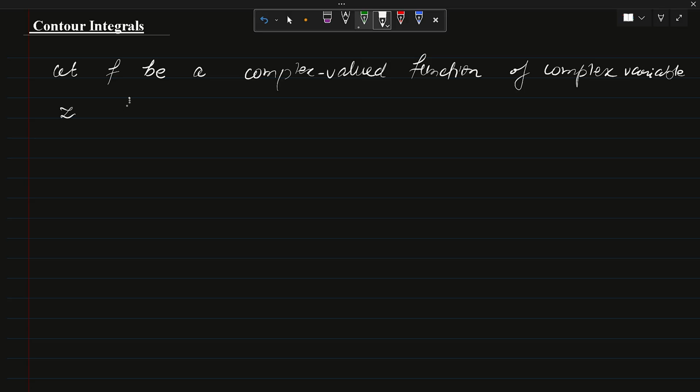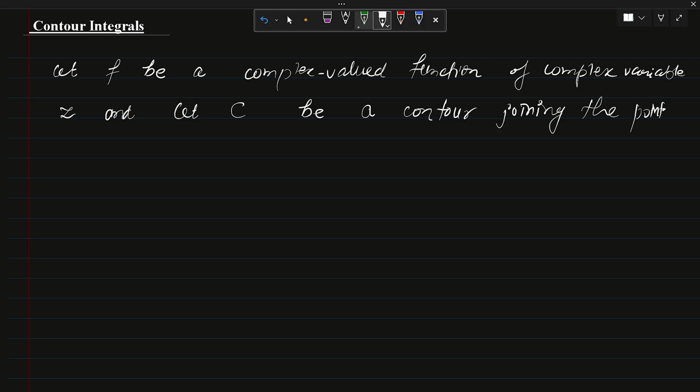Okay, and let c be a contour. The moment I say this is a contour, that means this is a piecewise smooth curve. Okay, c be a contour joining the point z equals z1 and z equals z2.